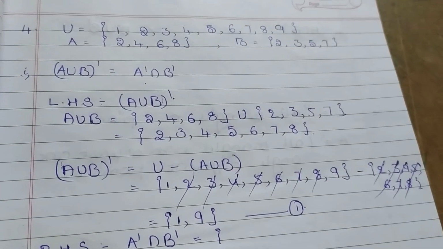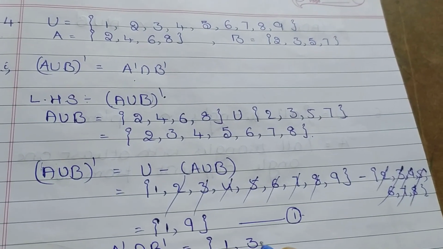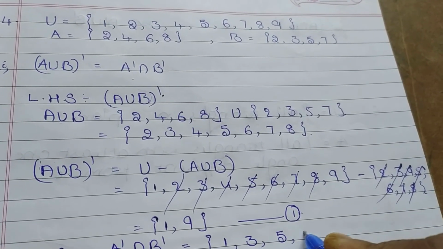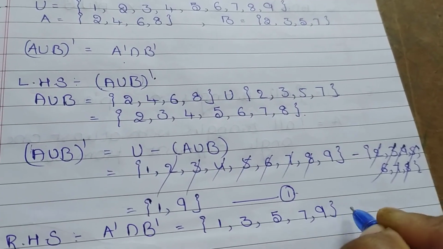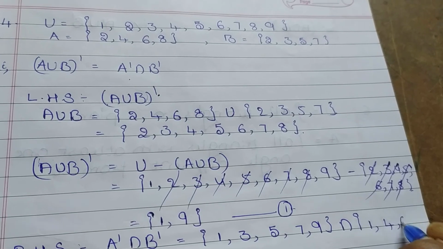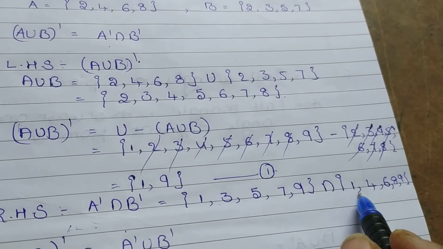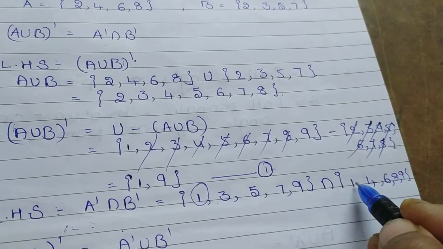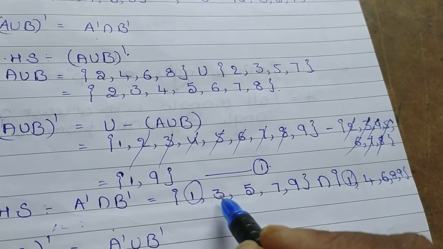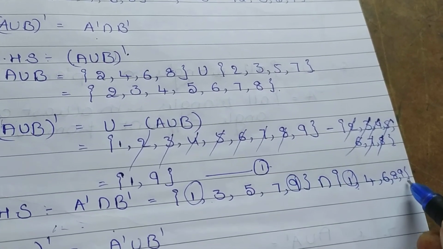Here I am writing A complement directly, that is 1, 3, 5, 7, 9, intersection B complement, 1, 4, 6, 8, 9. Now the intersection of these two sets. Intersection means which are common in both the sets. 1 is common as well as 9 is common.